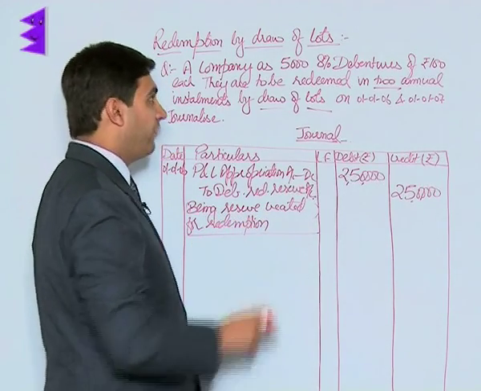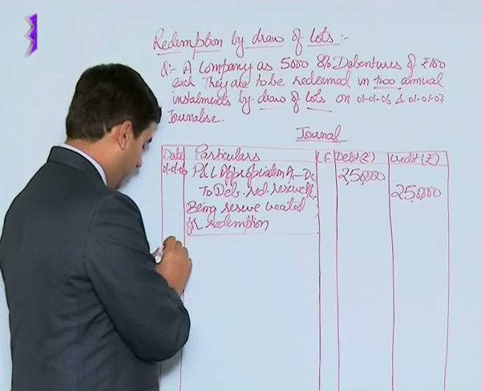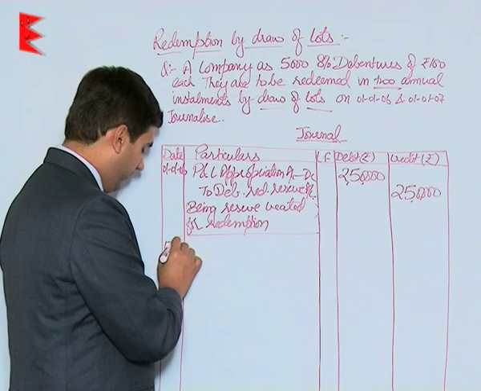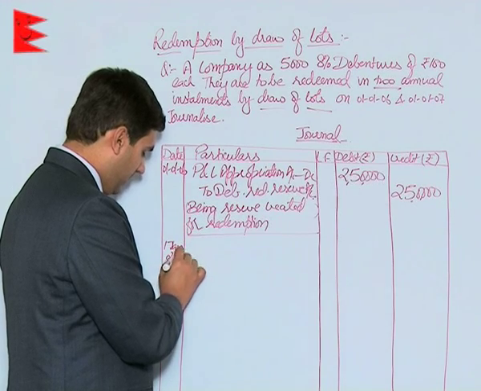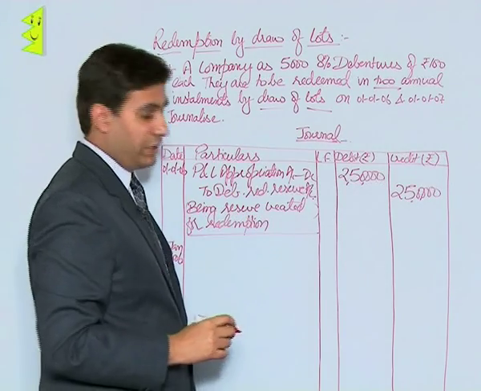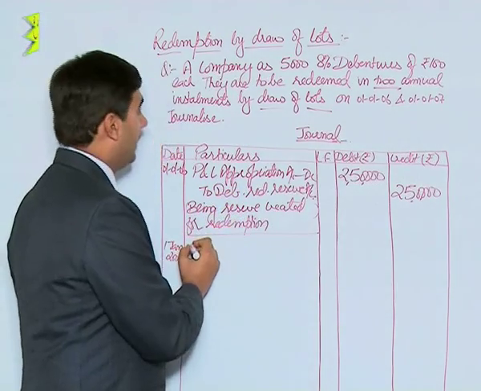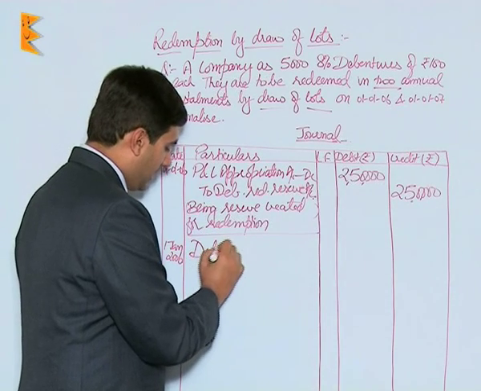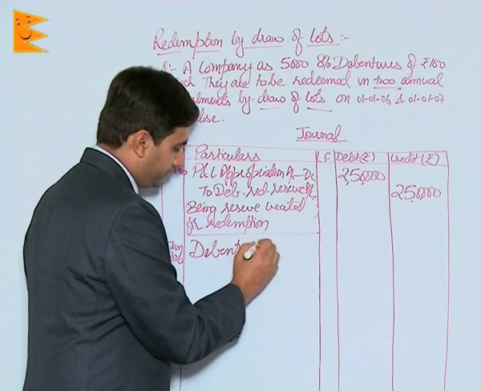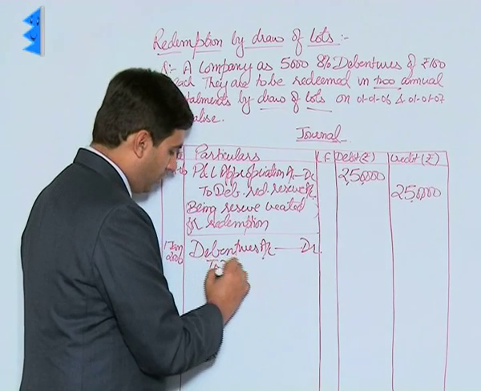Now students, 50% of these debentures are to be redeemed on this date. So again same date, 1st January 2006, half of these debentures, that is 2,500 debentures, would now be due for redemption, and the entry would be debentures account debited to debenture holders account.